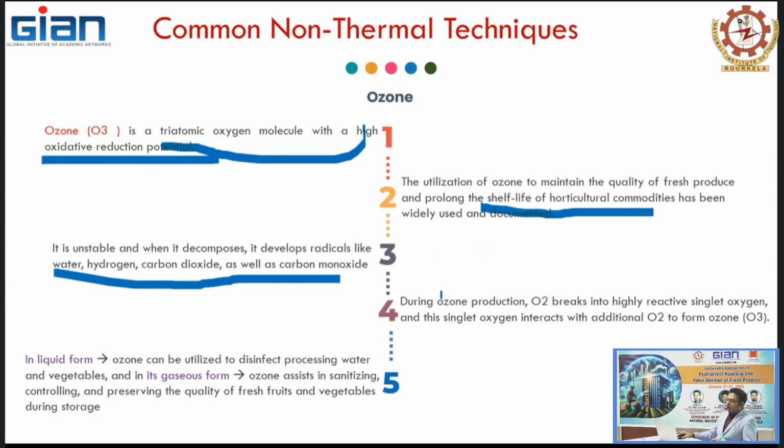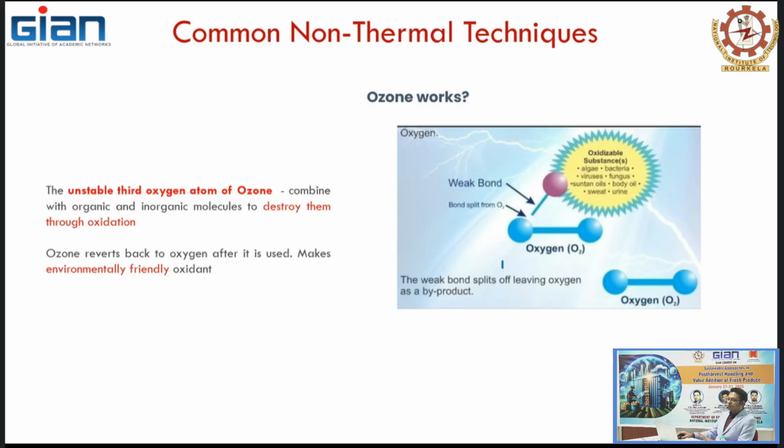So in the process we have O2 and the third bond is the weaker one, which combines with organic or inorganic molecules from the food material to destroy them through the oxidation process.